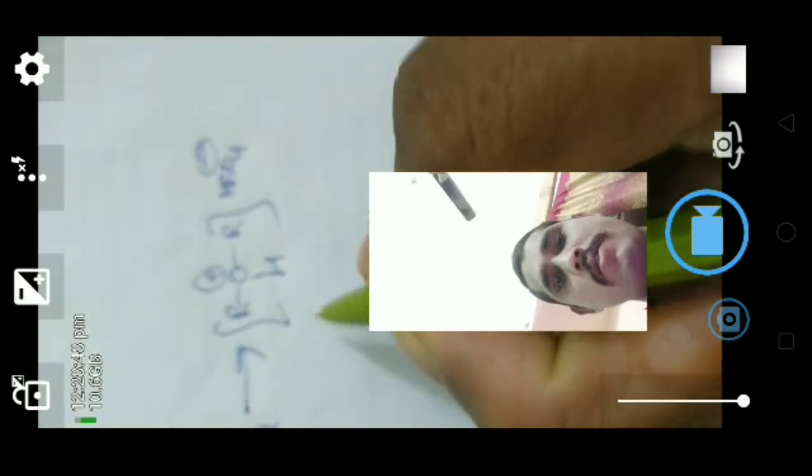Here the screen is not visible, we will wait. This is the oxonium salt. So this oxonium salt is stable at 0 degree centigrade.